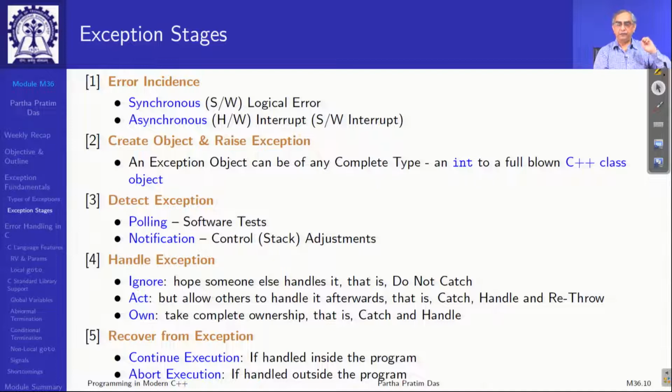You say, okay, I have understood what the error was, I have taken care of that, and now it is all handled, we can proceed. And finally, to recover: if it is possible, that is what is desirable, that you continue with the execution, or if you cannot, then you abort. So, these are the basic 5 stages of exception or error handling that one has to deal with.